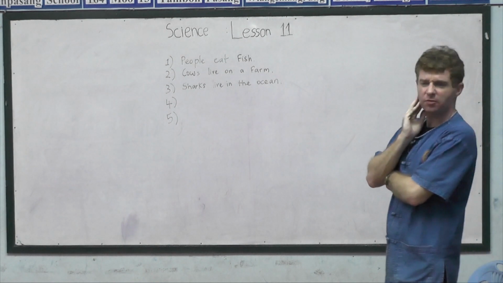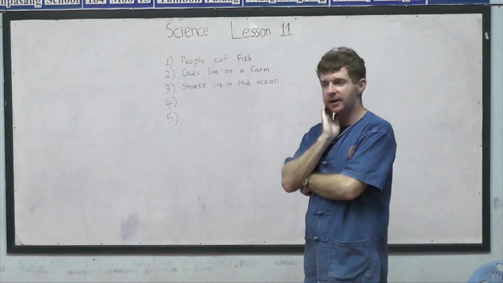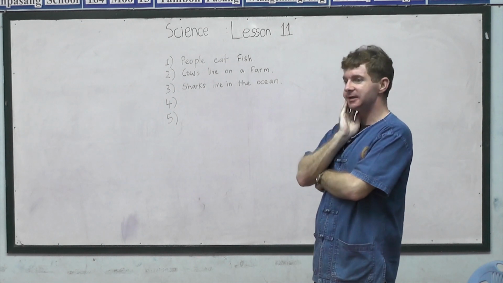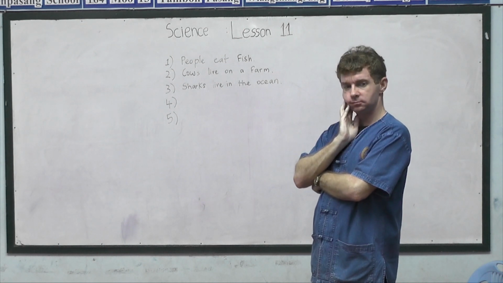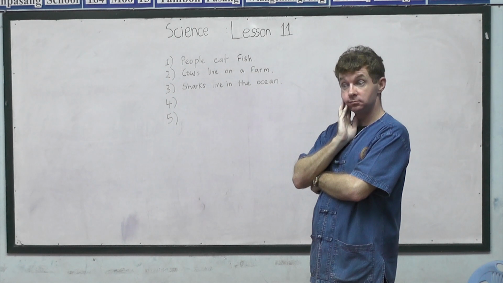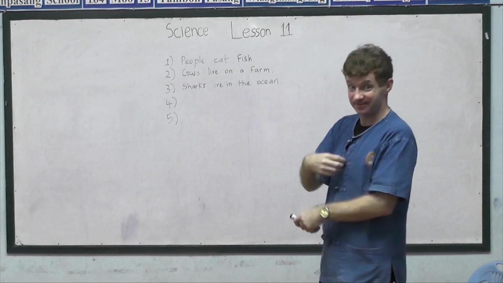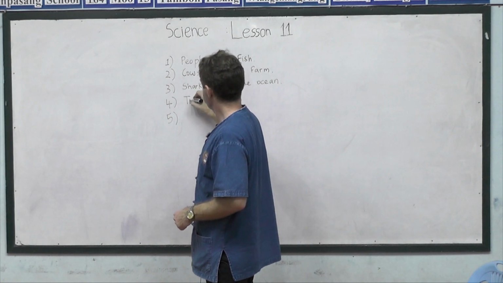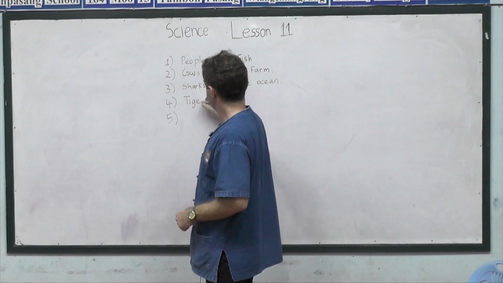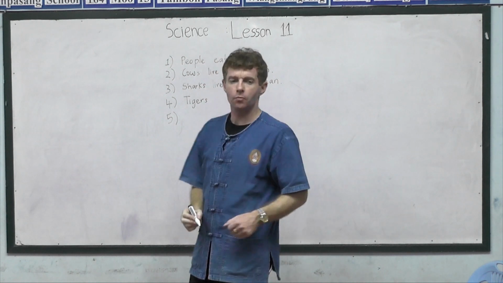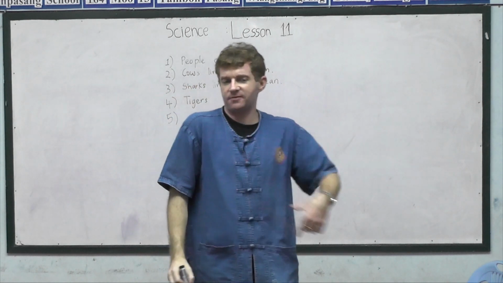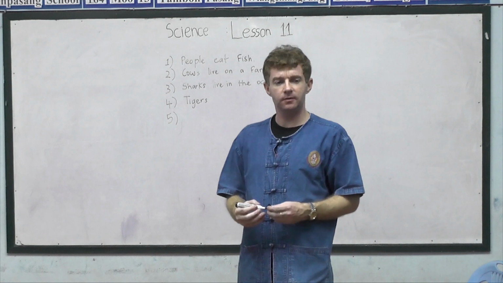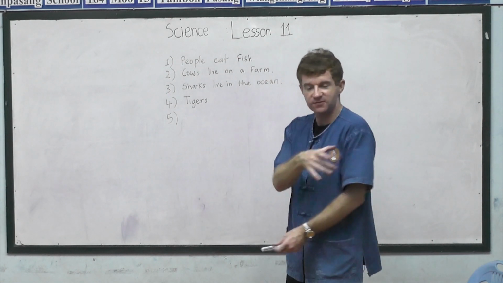Okay, now we need another living thing. Number 4. Tiger. Where does a tiger live? Forest. Excellent, so we'll go with tiger. In fact, no. Tigers, what do tigers have on their body? What on their fur? How do you know it's a tiger?